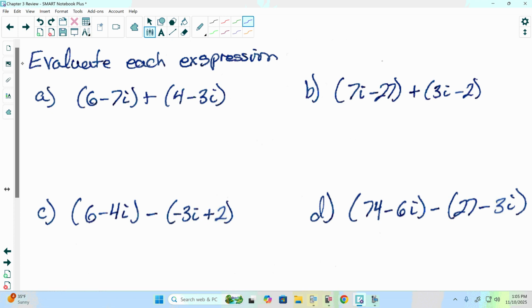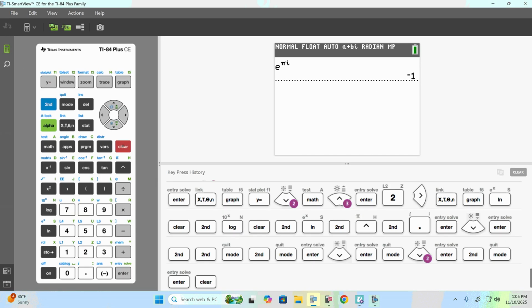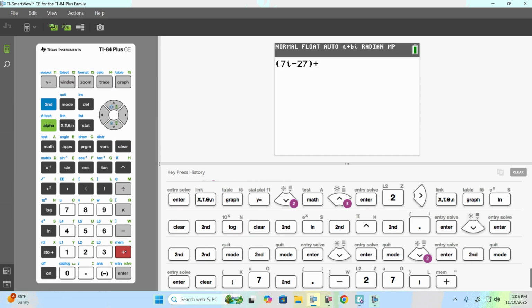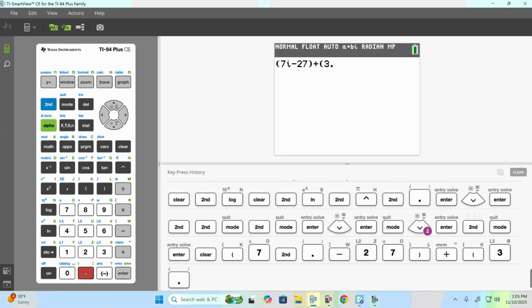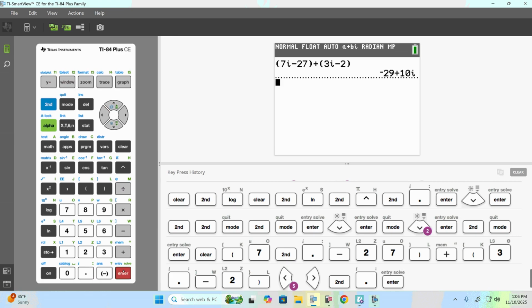Combine like terms is how we did this at the start. Yes? First time we covered it. After that point, we said 7i minus 27 plus 3i minus 2. It would help if I got i instead of a decimal. Second decimal will give us i. And it tells us that this is negative 29 plus 10i.